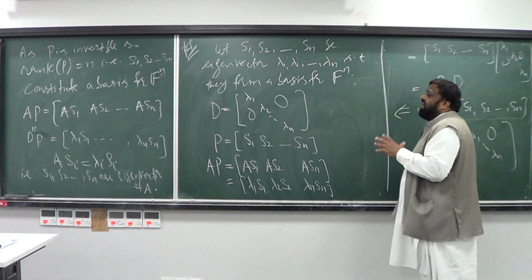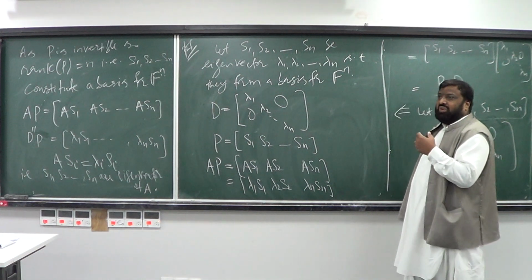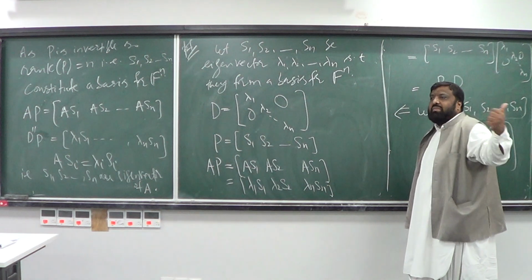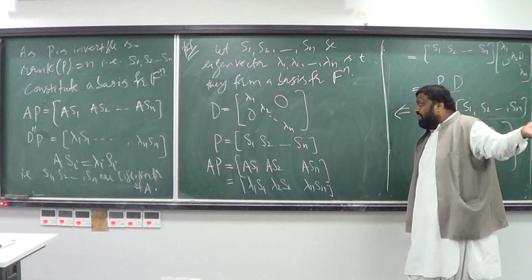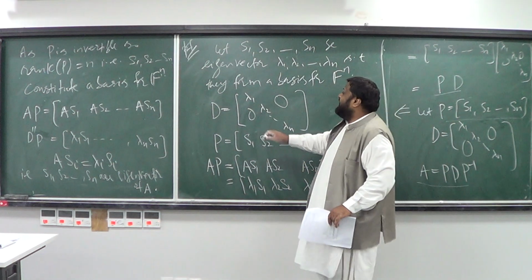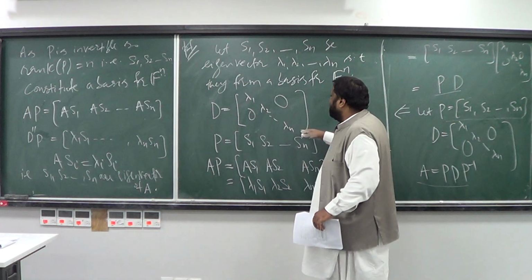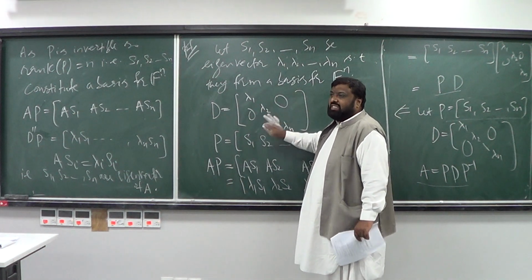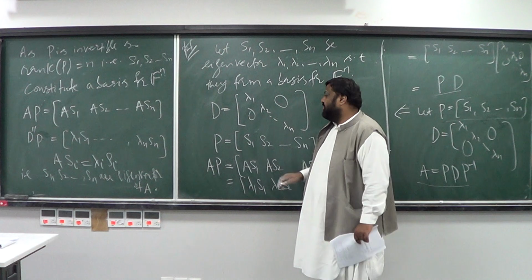Now, how do we find the diagonal matrix to which a given matrix is similar? No worries. Find its eigenvalues and put them on the diagonal. This is going to be the diagonal matrix to which the matrix A is similar.